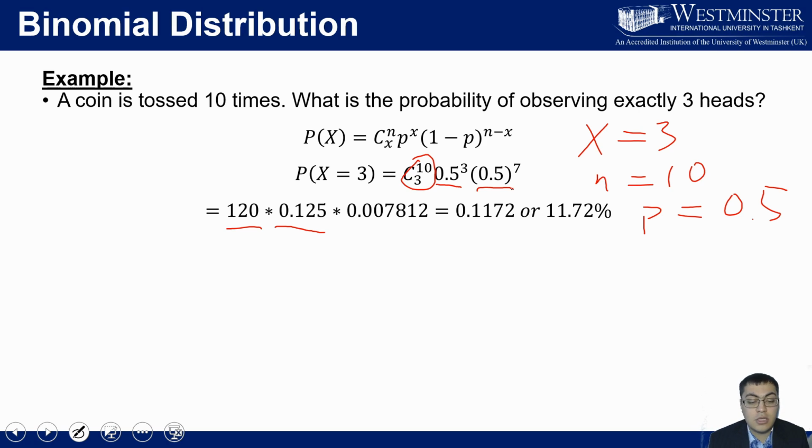Then since I have 10 trials and 3 of them I want to be heads, that means the rest of the 7 should be tails or failures. So I'll have to multiply it by itself 7 times. If I do that, I get this number over here. Then if I multiply all these numbers together, I will get 0.11 or 11%, which is the probability of observing exactly 3 heads.